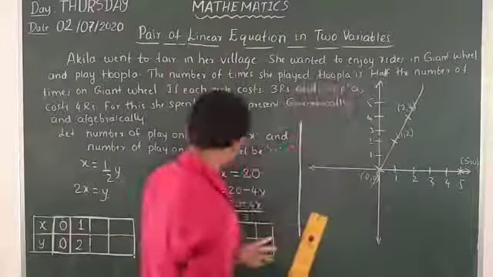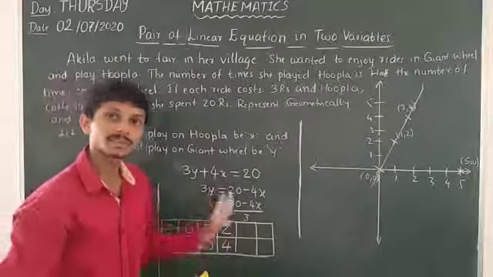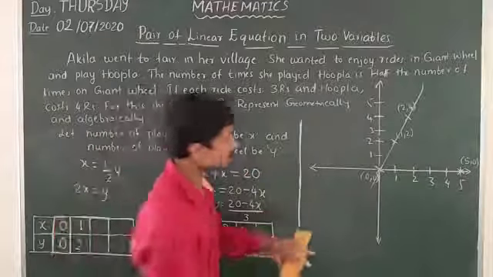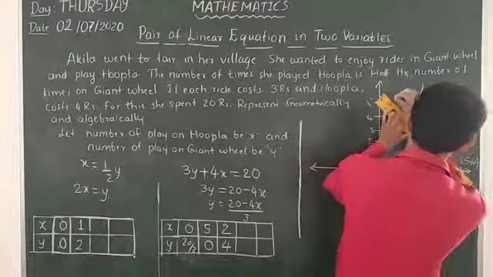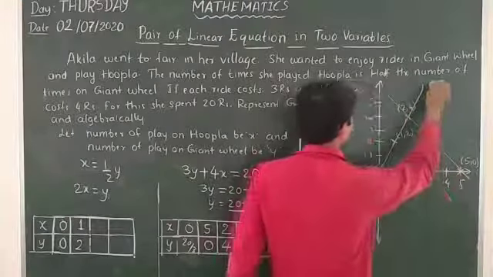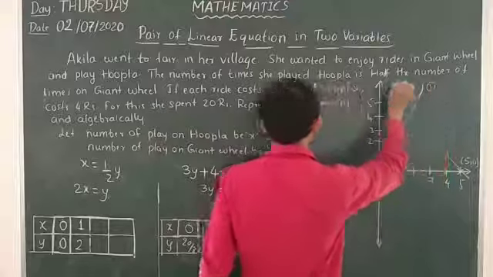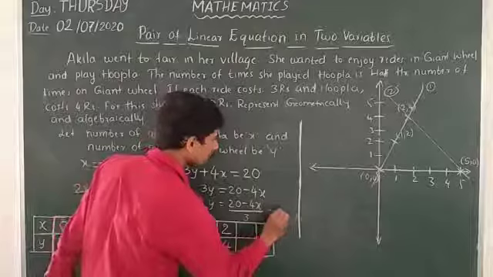Then 5 comma 0 and 2 comma 4 are the coordinates for the second equation, so we have to join them. Yes, this is equation number 1 and this is equation number 2.